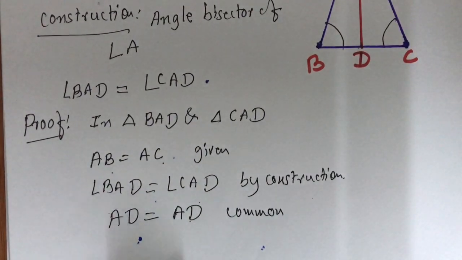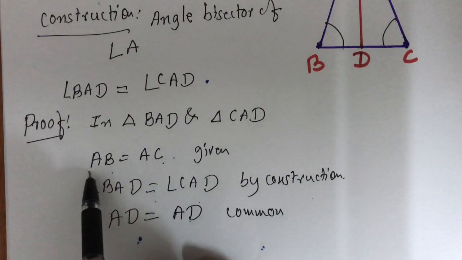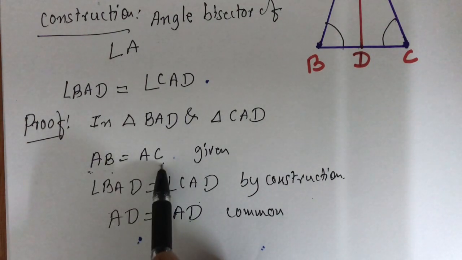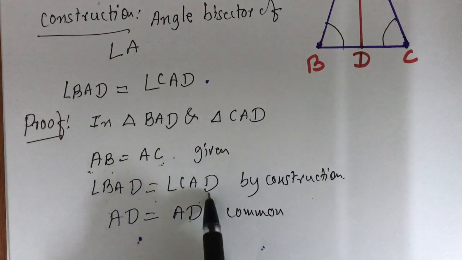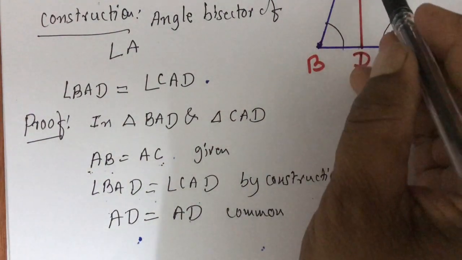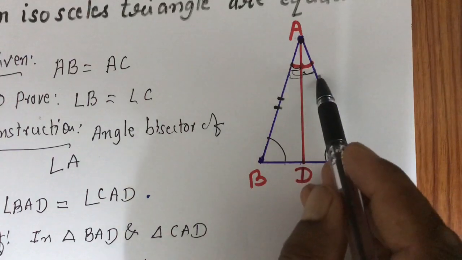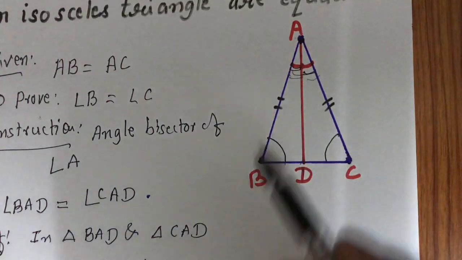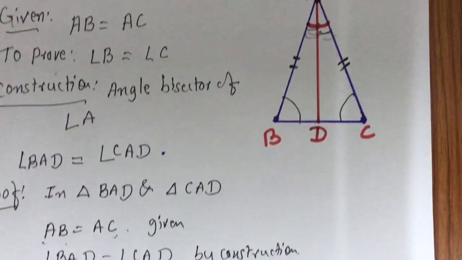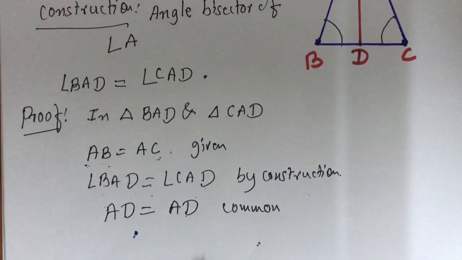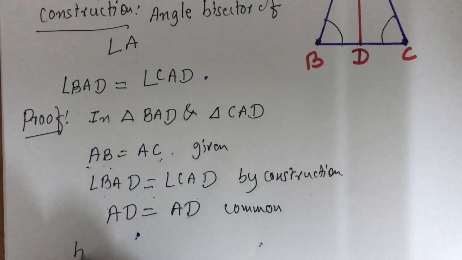So we are having three pairs: AB equal to AC, side equal; angle BAD equal to angle CAD, means this angle equal to this angle; and AD equal to AD. So you can apply the criterion SAS.